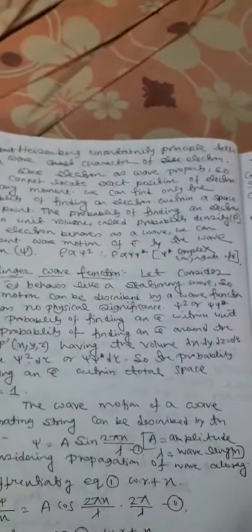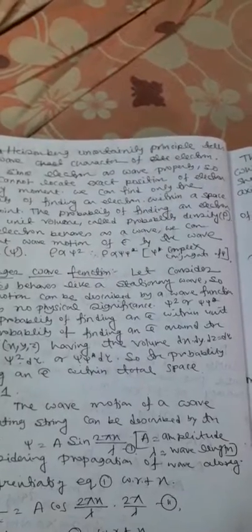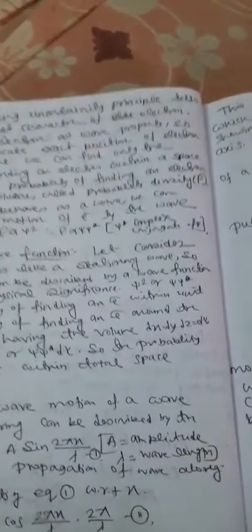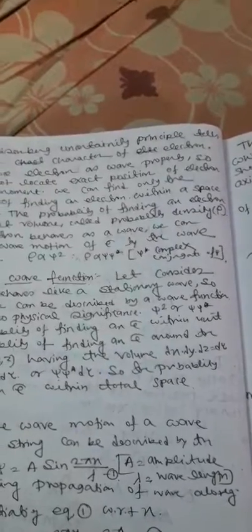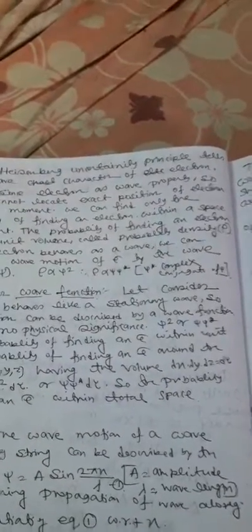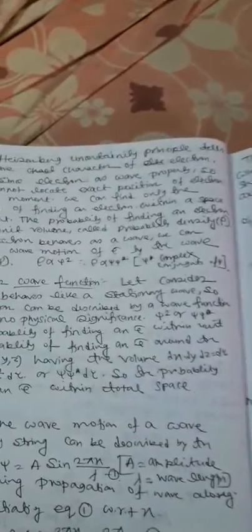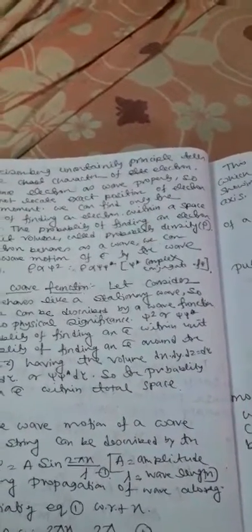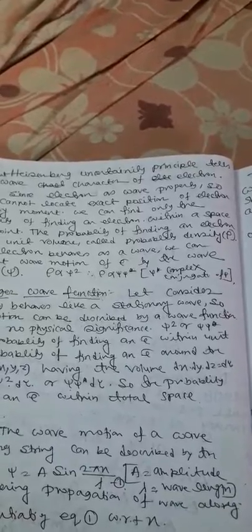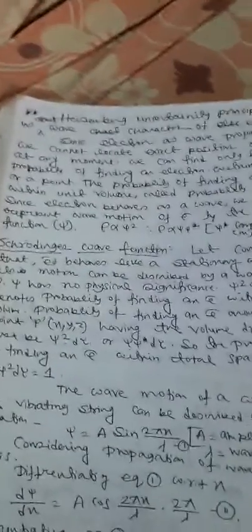Now based on this theory or explanation, the Schrodinger wave equation introduces some characteristics of wave function. So now what is the Schrodinger wave equation?